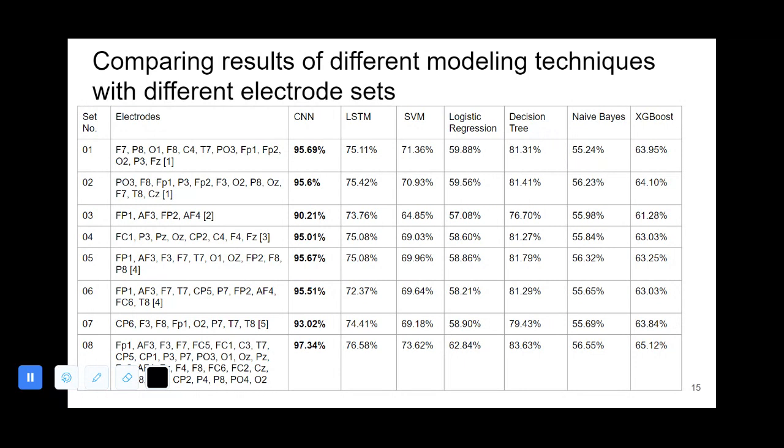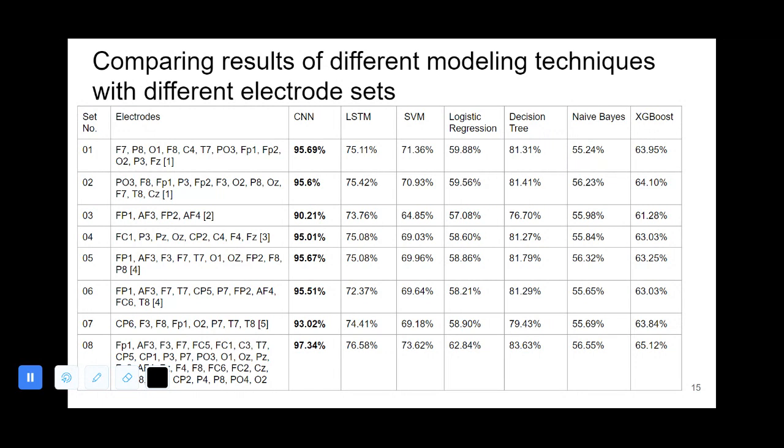In this table, we compared results of different modeling techniques with different electrode sets. The same trend is shown here as well, where the CNN model outperforms all the other models in terms of accuracy.